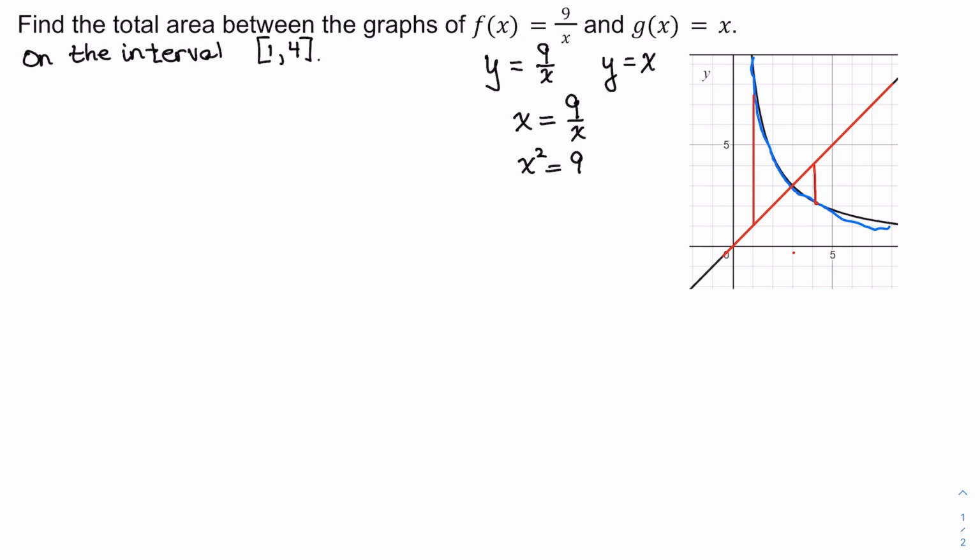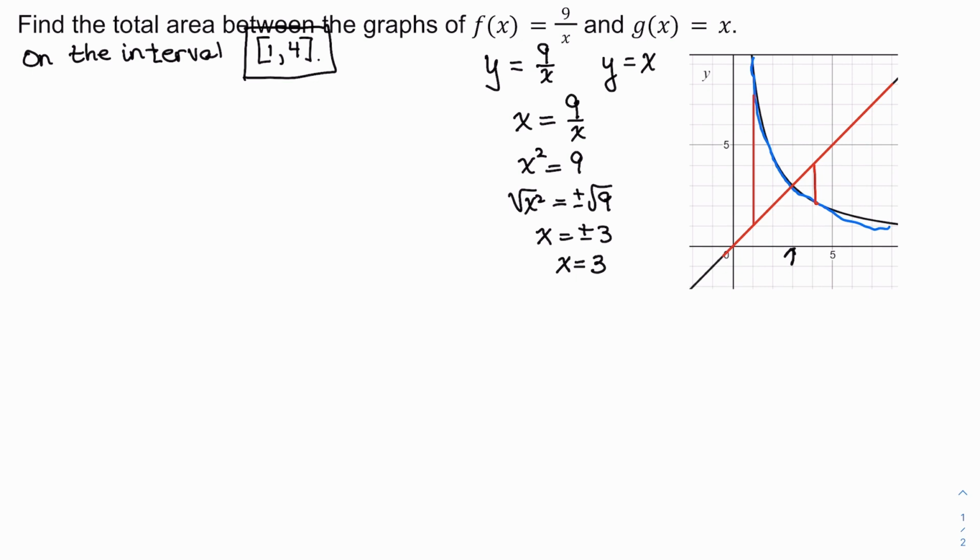Taking the square root of both sides, remembering our plus or minus, we have x equals plus or minus 3. However, we need to make sure that we stay within the given interval, so the value applicable to this problem is x equals 3, which we could tell from the way it was graphed.